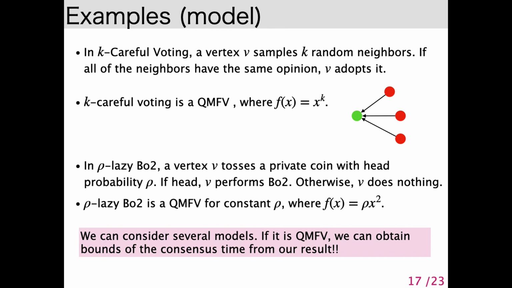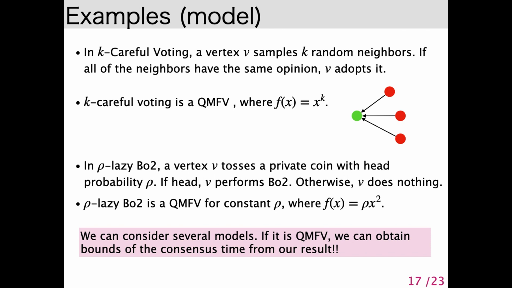Another example is the lazy variant of voting processes. For example, in rho-lazy best of 2, a vertex v tosses a private coin with head probability rho. If the coin is head, then the vertex v performs best of 2. Otherwise, v does nothing.